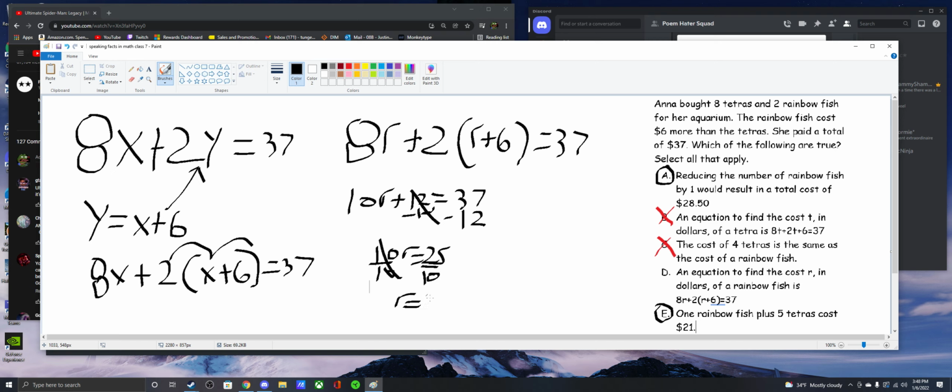R equals 2.5. Now, it says that R is the cost of rainbow fish, and we know that rainbow fish is not $2.50. That's tetra. But we also know we're not buying 8 rainbow fish. So what I would do is, I would say, we're not looking at 8R here. We know R is 2.5. We can plug it into that part of the equation, so we'll write that here.